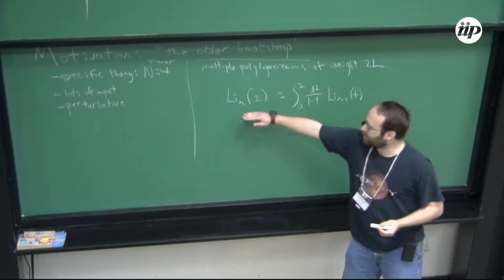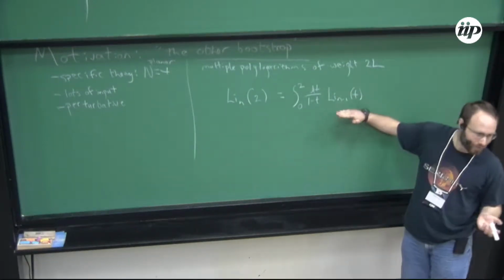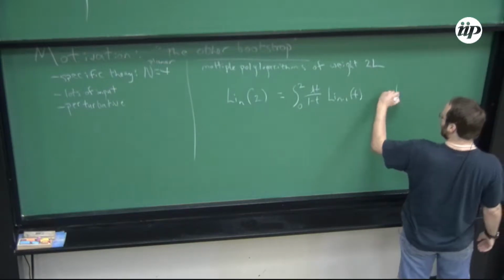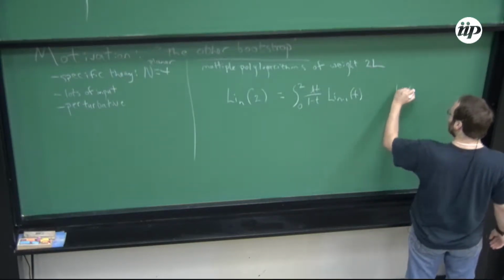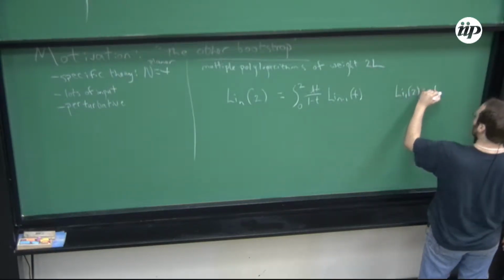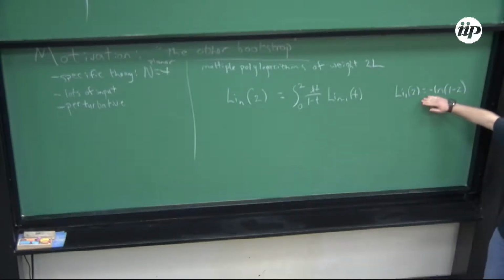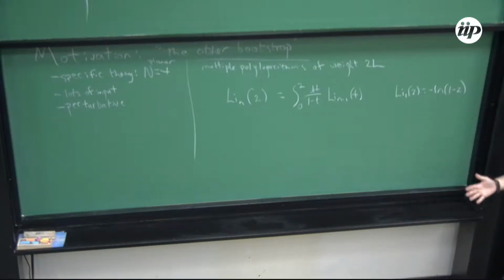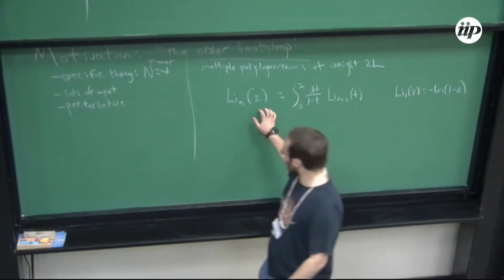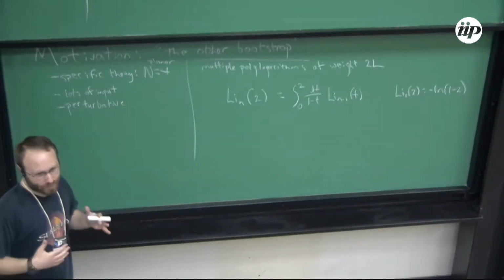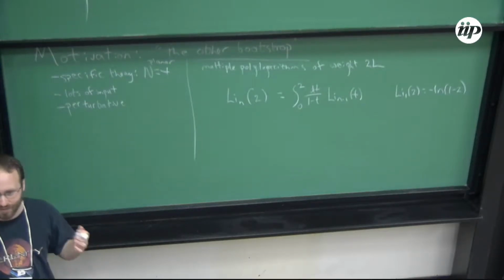So Li n is defined in terms of Li n minus 1. And then you've got some condition to start. And here it's that Li 1 is minus log of 1 minus z. So these things are probably reasonably familiar, or at least you might have run into them at some point.